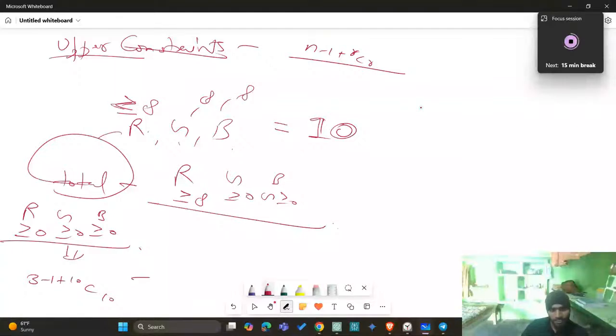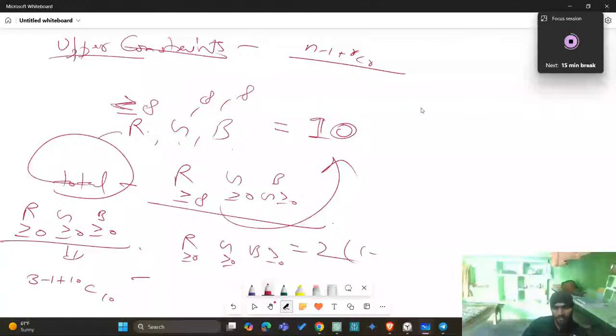This case becomes, let's say, R is greater than or equal to 8. If we remove the lower constraint, we have to subtract it. So this becomes R greater than or equal to 0, G greater than or equal to 0, blue greater than or equal to 0, equal to 2, that is 10 minus 8.